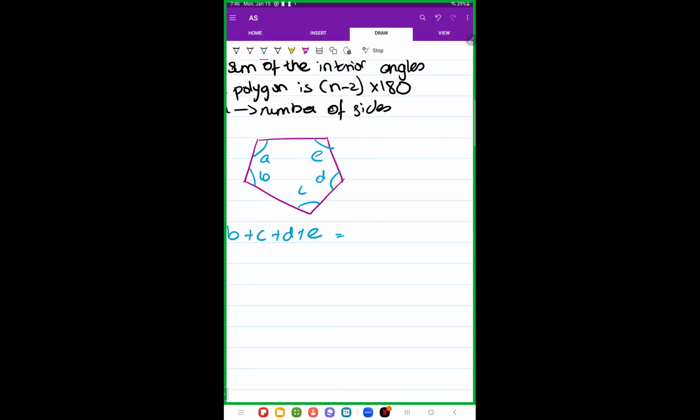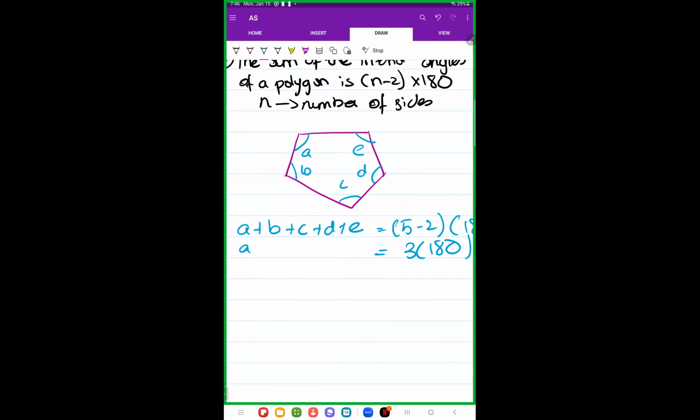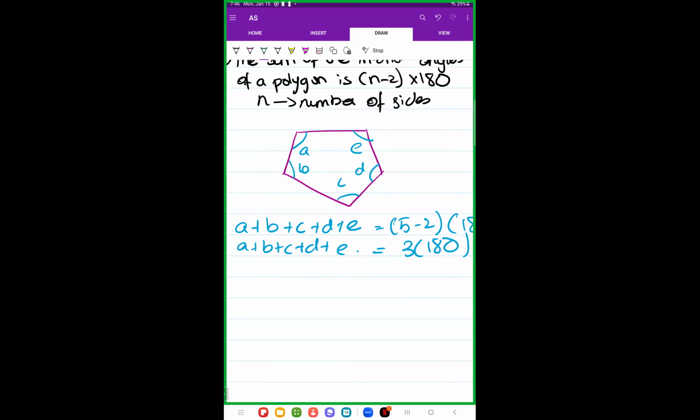What does n minus 2 mean? n is the number of sides, so I have 5 sides over here, into 180. 5 minus 2 is 3, into 180. So this is what it should be equal to. Make sense? If these five sides each had numbers, I would just add those numbers and minus two. This should be equal to this.